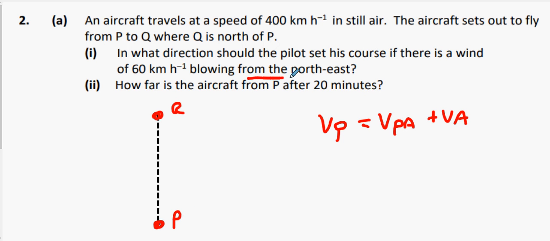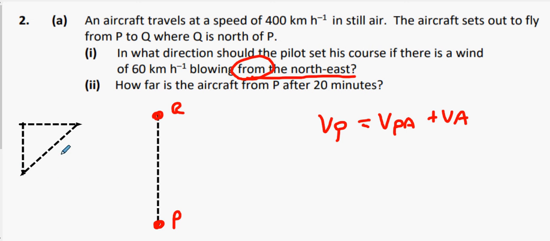Blowing from the northeast, from being the key word, means it's actually going southwest. So the wind, the air, is going southwest, okay? So I'll just do a little diagram for the air here. So what is the air? 60 kilometers an hour?